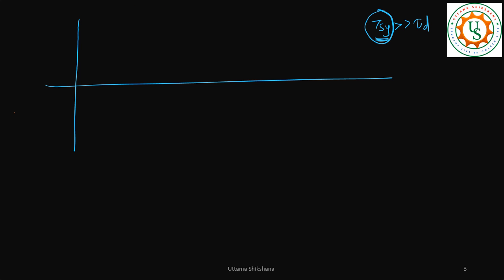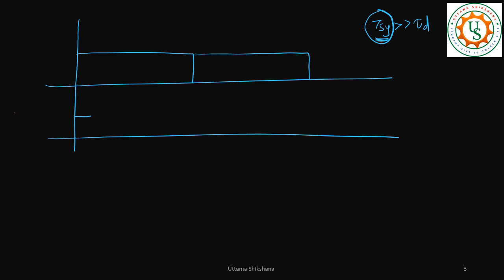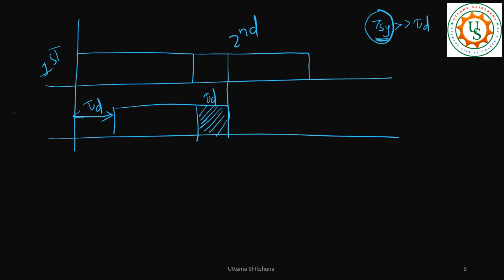Let's say earlier I used to consider something like this, and if there is a delay spread of this much, then that much, whatever is the delay spread, that much overlap is there between the first path second symbol and lth path first symbol. This is the overlap, this much is the ISI, right?